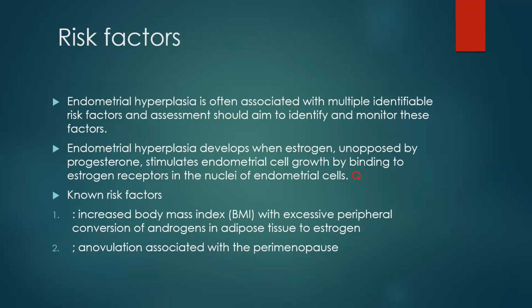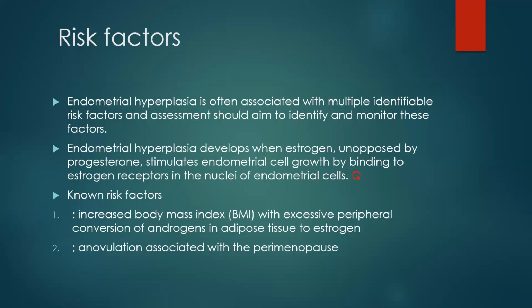So whenever a patient has a uterus and is having estrogen for whatever reason, we will give progesterone along with estrogen, like in combined hormonal pills or in HRT. Even in HRT, if the patient has a uterus, we give estrogen and also add progesterone, mainly for protection against endometrial cancer.